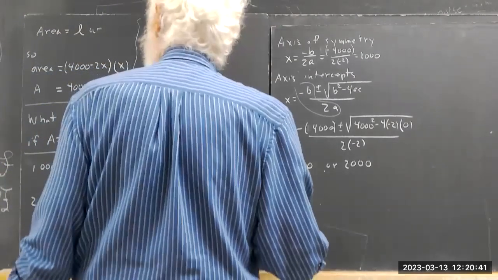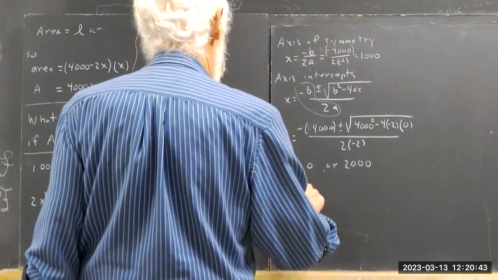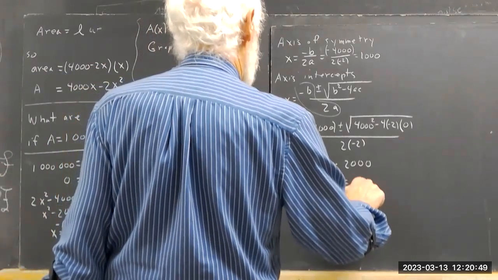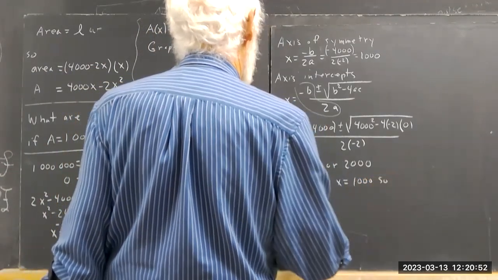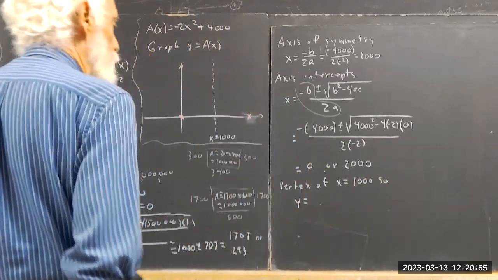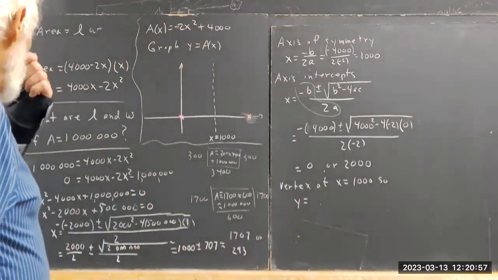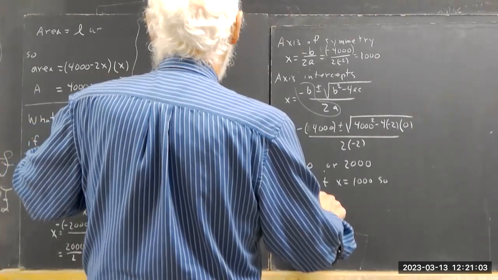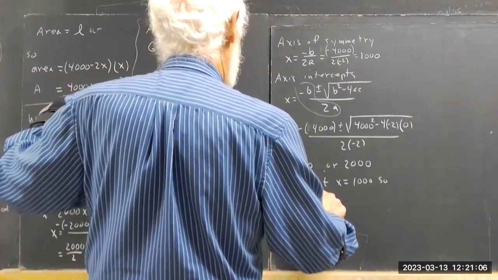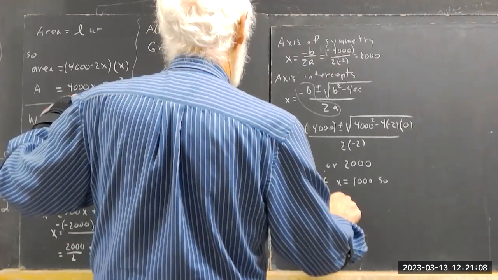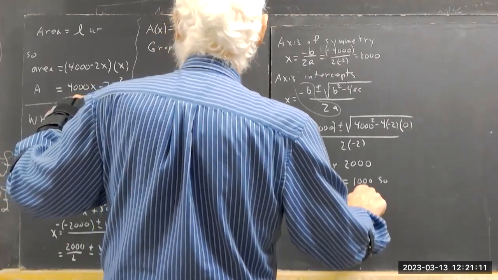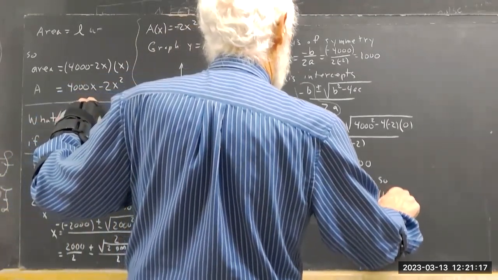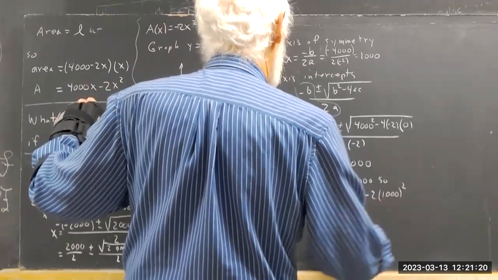Still, we're going to want the vertex. It's at x equals 1,000, so y is what? y is 4,000x, which is 4,000 times 1,000, minus 2 times 1,000 squared.